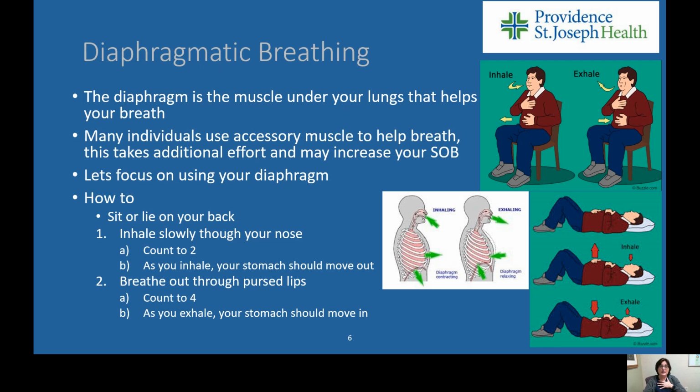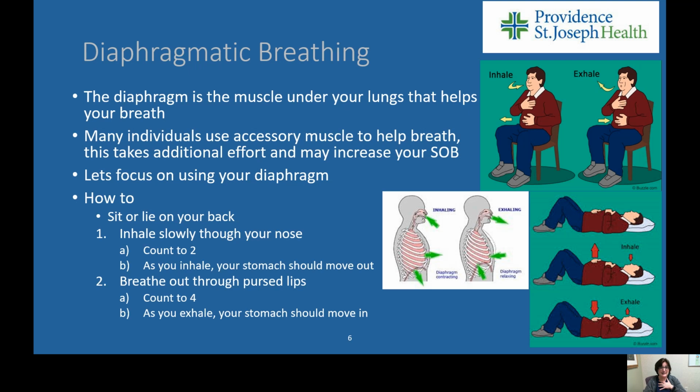When we take a breath in through our nose, now it just exaggerates there, you should see and feel the belly come out a little bit, just a little bit. And then when we exhale and we come out those puckered lips, the belly goes back down or it relaxes. So sit or lie on your back, inhale through your nose. We'll just practice the inhale through our nose first and exhale through our pursed lips to the count of 4.